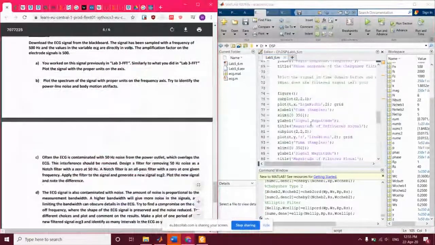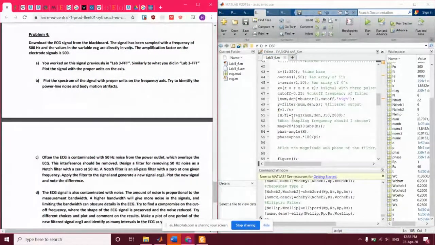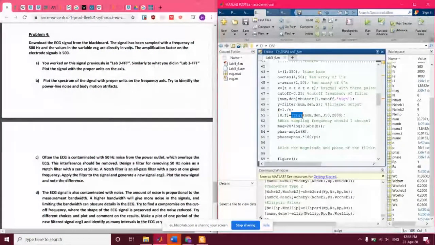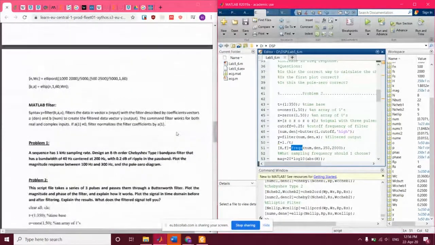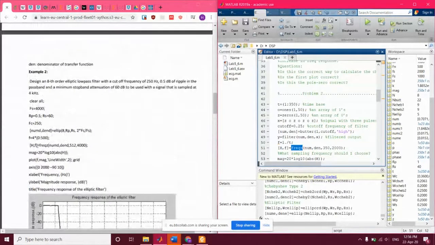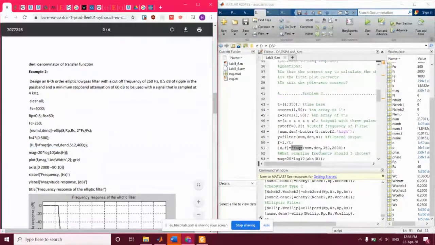I have a question about writing this function, the frequency response, because I noticed in your notes, for example this one here, you use 512 and you put 4000. I'm assuming that is the sampling frequency. Yes, exactly. But I don't know why you put 512, and I'm not sure what to put for my answer.